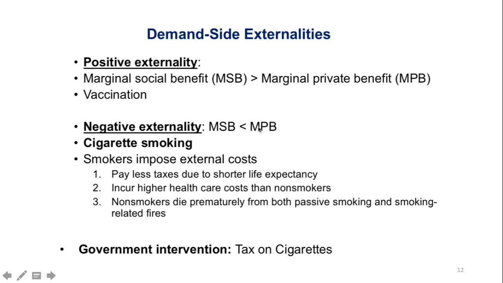But the society actually gets a different benefit from this. So the smokers impose external costs on the society. The smokers pay less taxes due to the shorter life expectancy, and they also have a higher healthcare cost. And the non-smokers even die prematurely from both passive smoking and smoking-related fires.